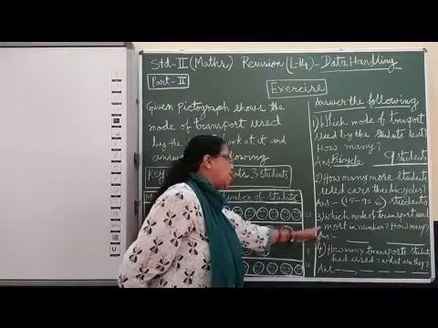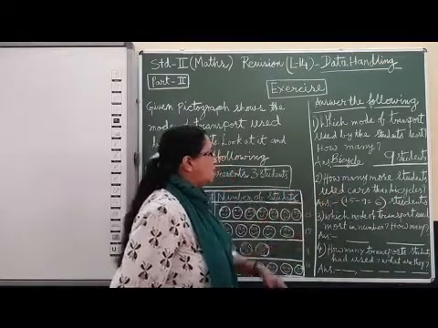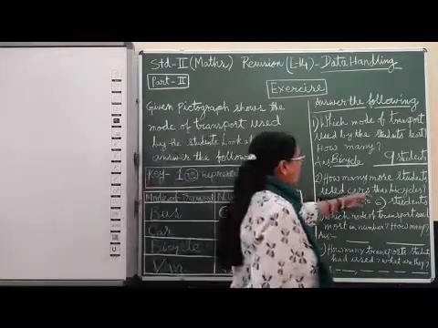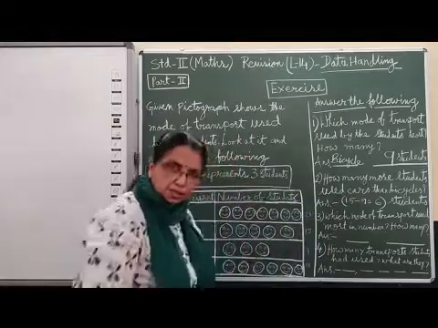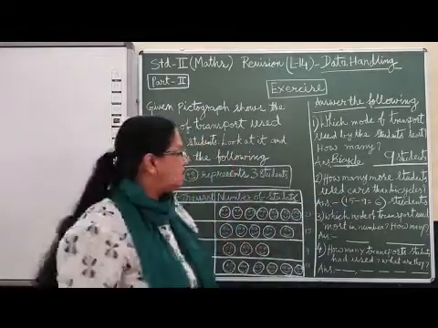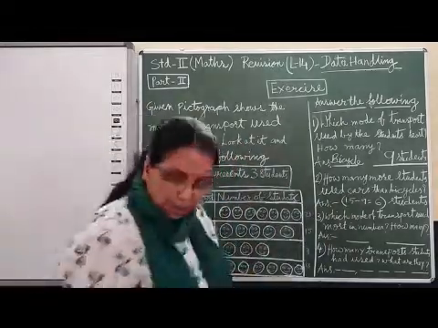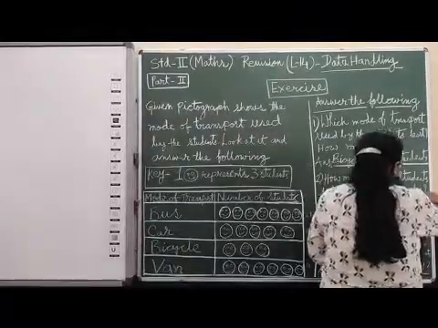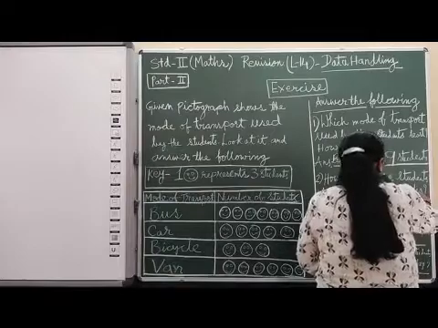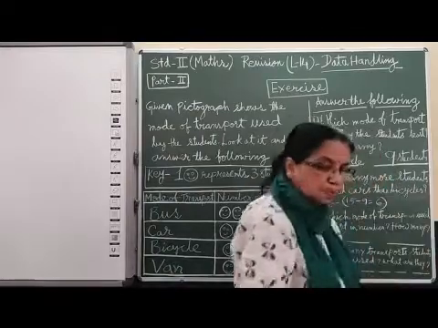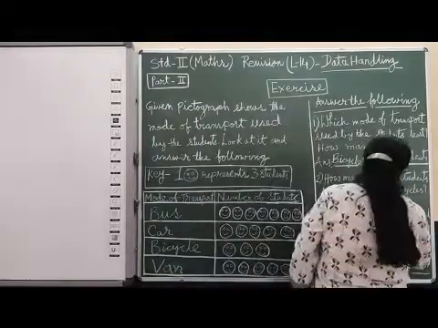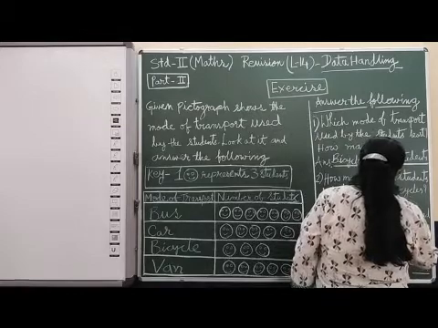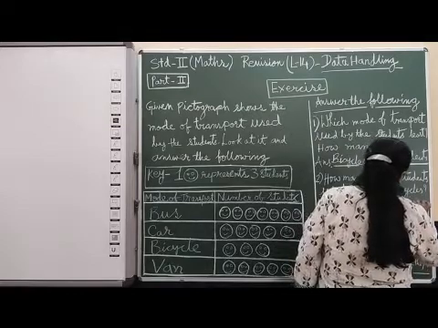How many more? 6 more students use a car for coming to school than a bicycle. Okay? Here we will write 6 more students. That will be the proper answer.